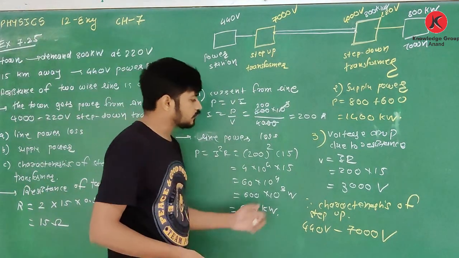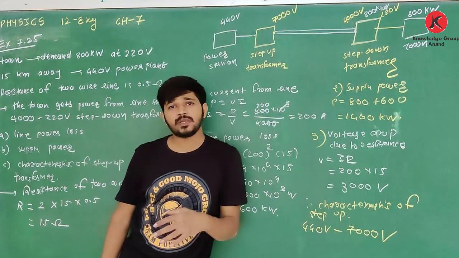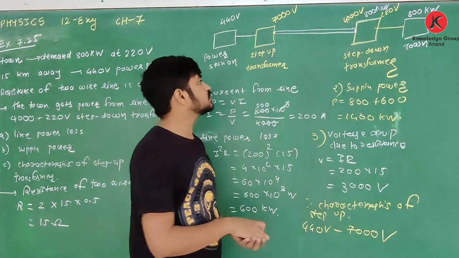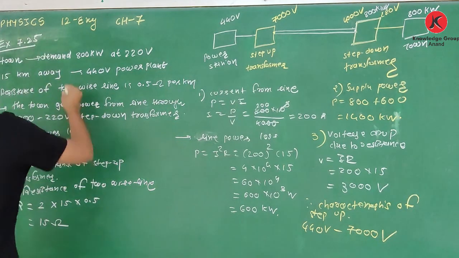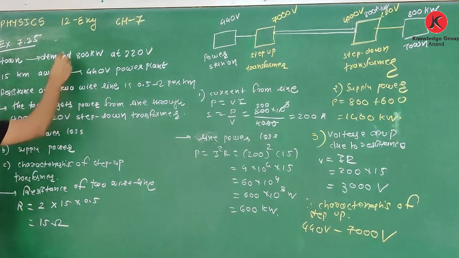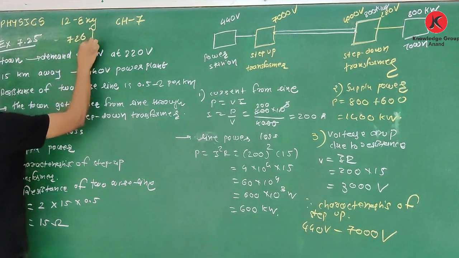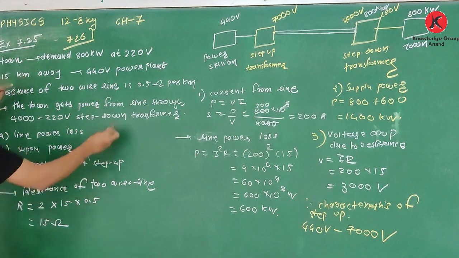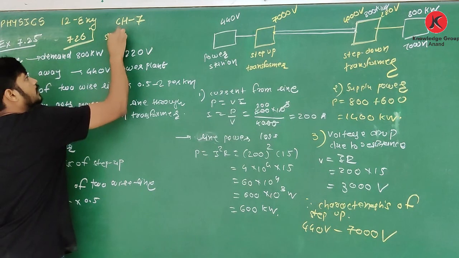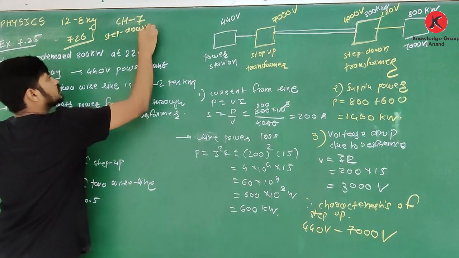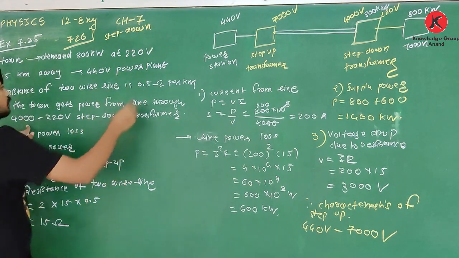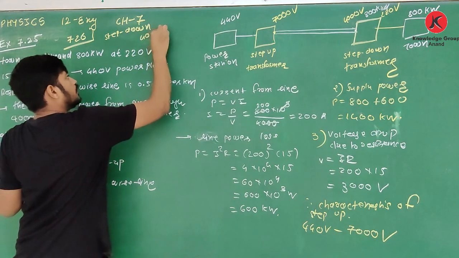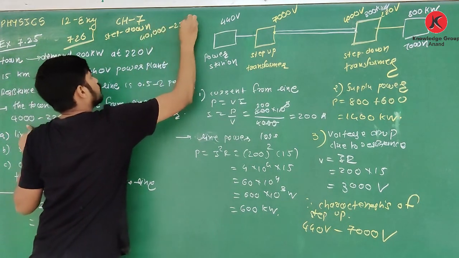Clear about this? So that is one question which is based on the transformer. Now the next question is exercise 7.26. All data is the same, just this step-down transformer is changed from 40,000 to 220 volt.